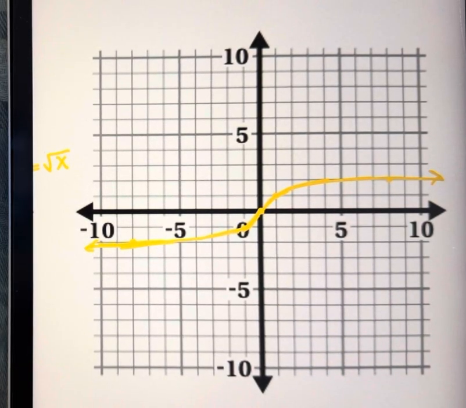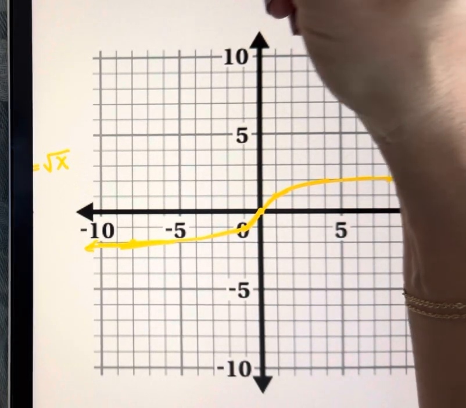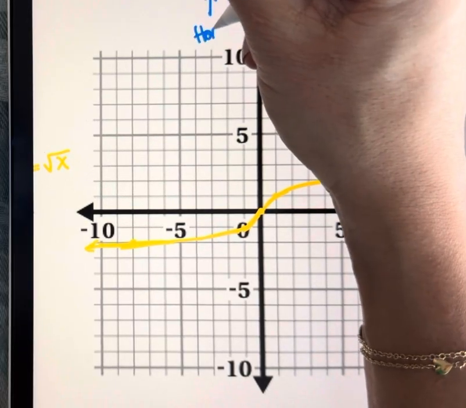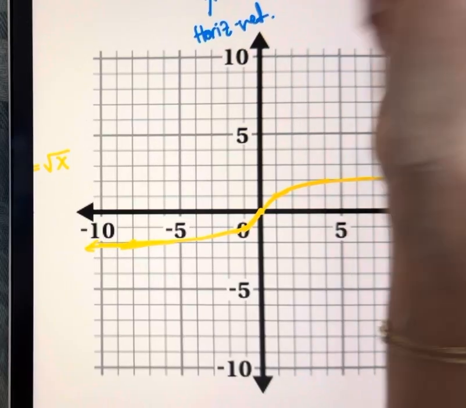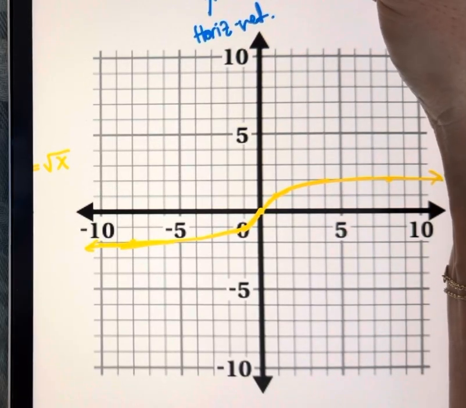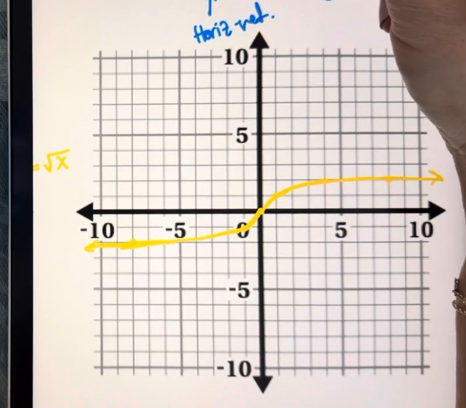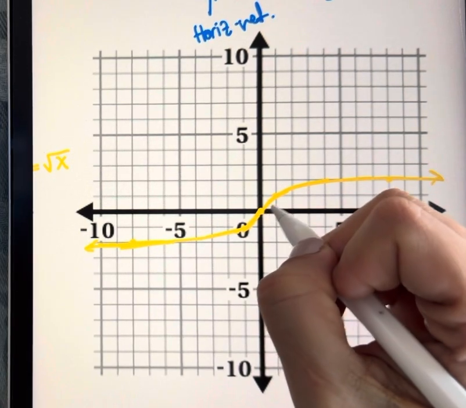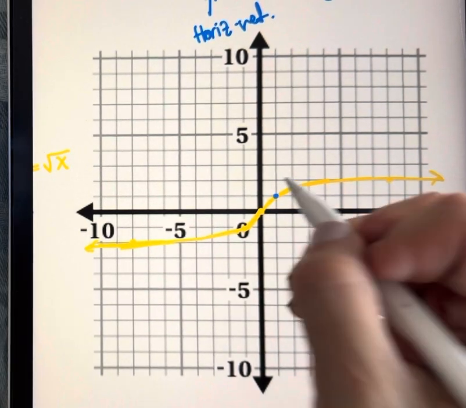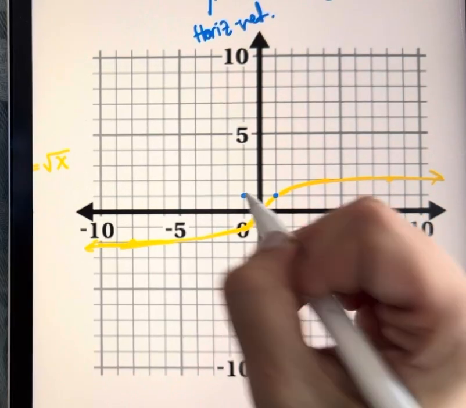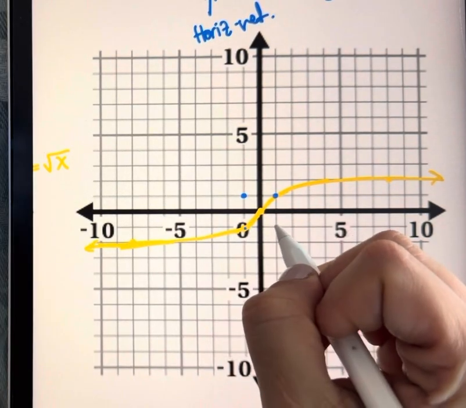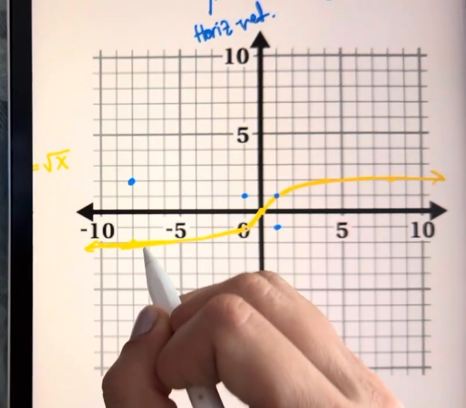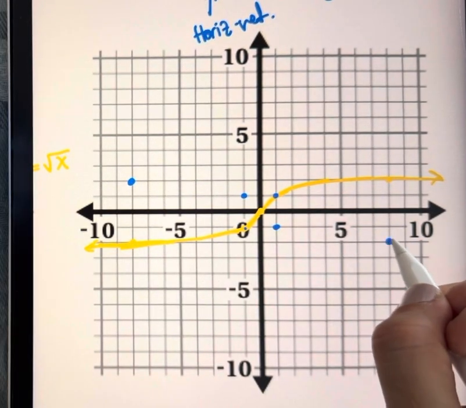Okay, now, what are we dealing with? We're dealing with a horizontal reflection and also a vertical translation or shift down 2. So this point will reflect horizontally to be there, and this point will reflect to be there, and that point will reflect to be here, and this point will reflect to be here.